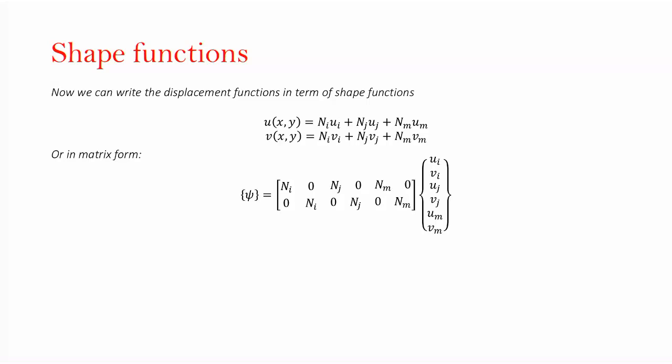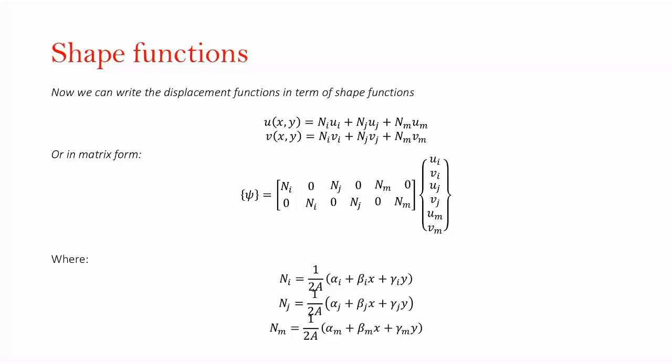So this is in the general form. I haven't used 1, 2, 3 here to make it general for all types of elements, no matter what nodes we're using for each element. And here is how we can calculate the shape functions. There is an interesting point about the shape functions here.